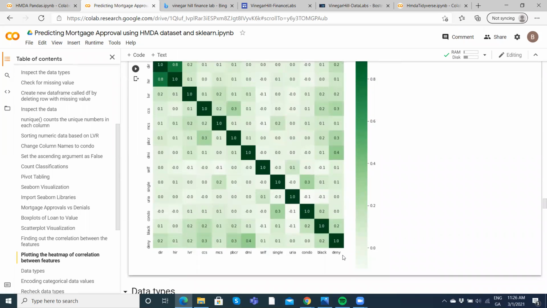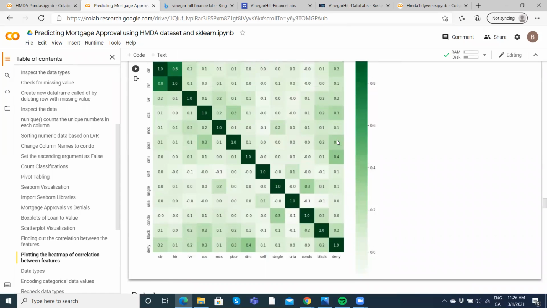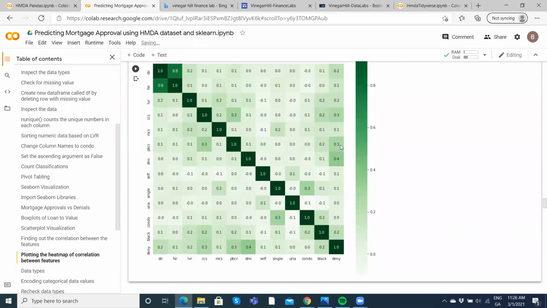And we can just look at deny mortgage just to see what's highly correlated. If you're denied mortgage insurance, there's a high correlation, or reasonably high. If you have a public bad credit record, at first glance that seems to be quite significant. It's 0.3. The other variable here is the credit score. Loan to value is 0.2.